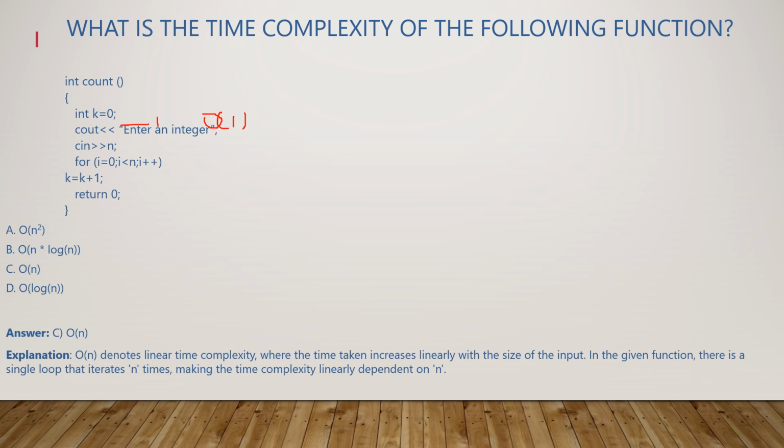The other one is cout, which also operates in 1 unit, so this is also O(1), and this cin also operates in 1 unit, so this is O(1), constant. The other one is the for loop. In the for loop there is an initialization. This initialization runs only one time, because of this it is O(1).